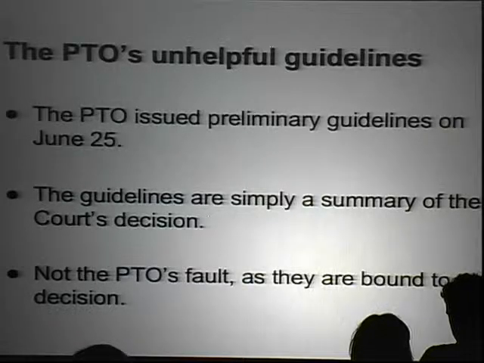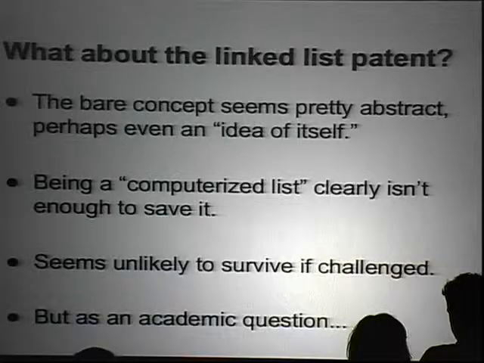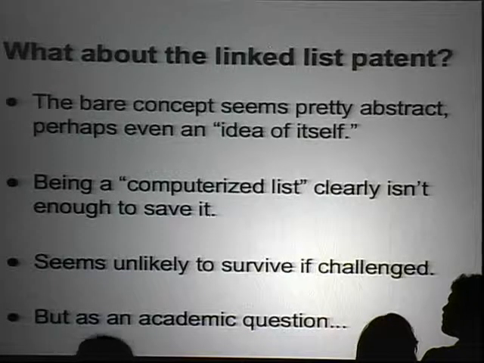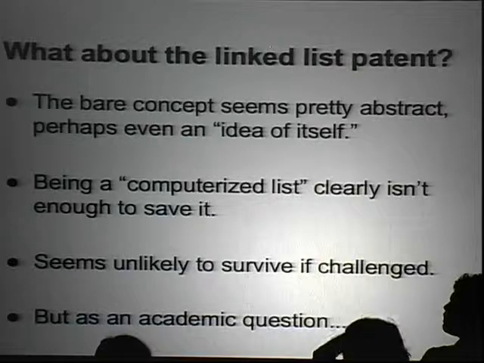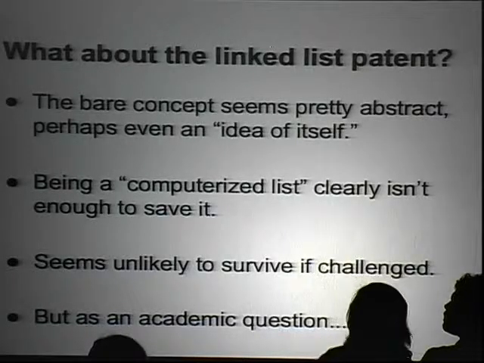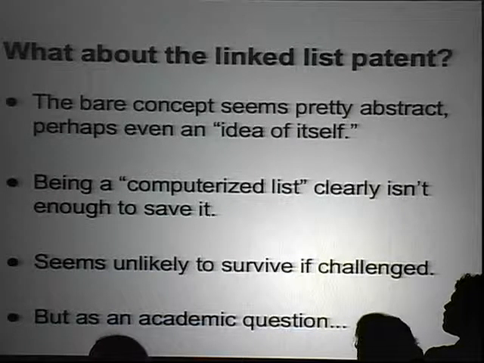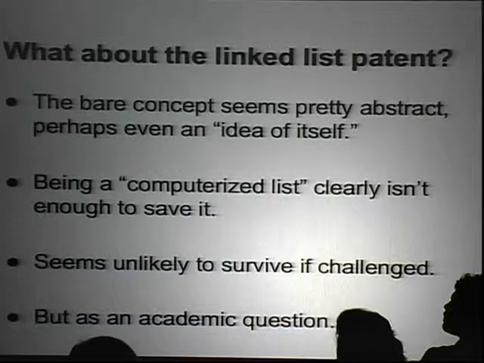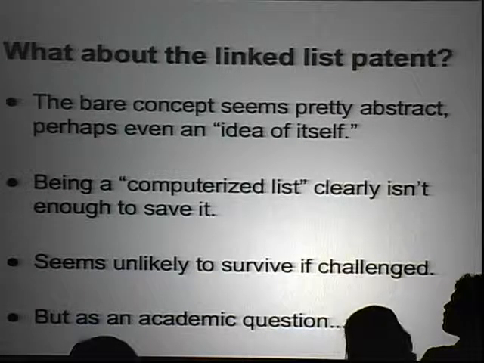They don't really get to make their own law, so they have to wait for somebody else to figure out what the answer is. But taking this back to our example of the linked list patent, I think it's pretty clear that this is an abstract idea. There's nothing here. And the court was clear that just being a computerized list is not going to cut it.